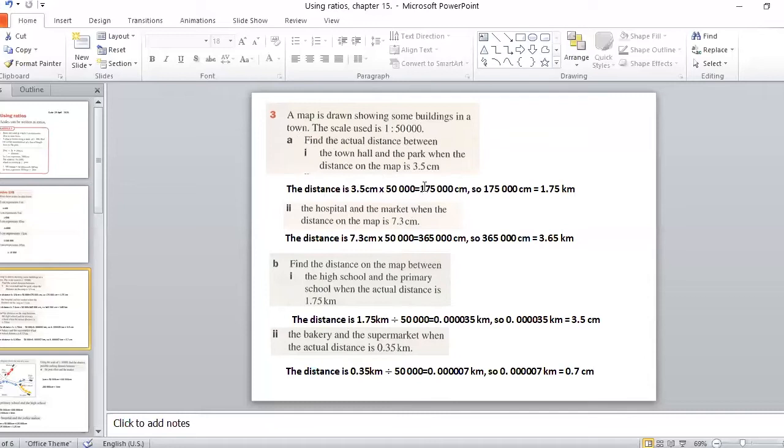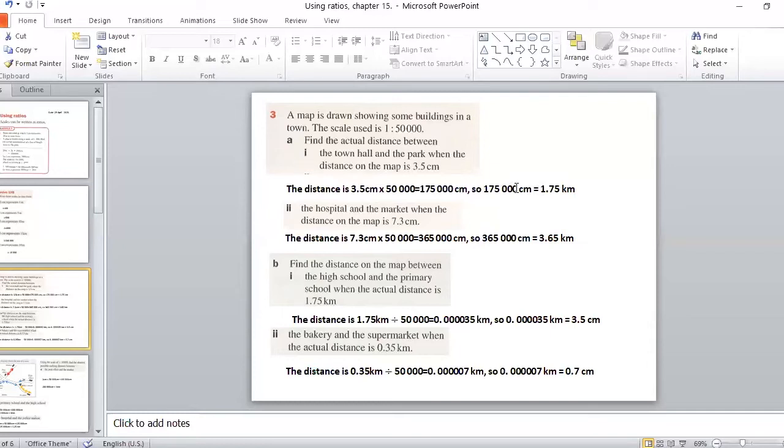equals 175,000 centimeters. Then 175,000 centimeters will be converted into kilometers by dividing using the fifth power of 10. Remember, converting a smaller unit into a bigger one, we always divide using the proper power of 10.